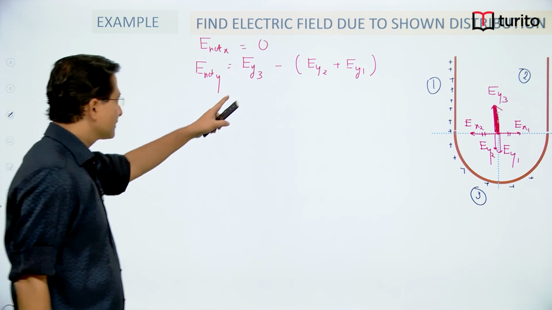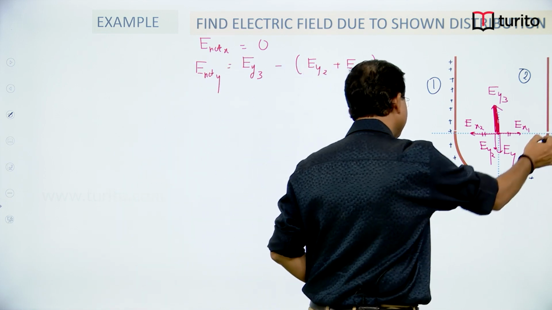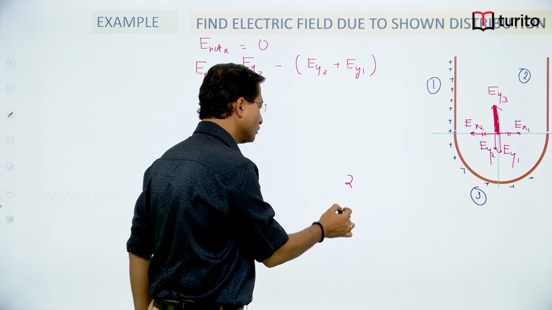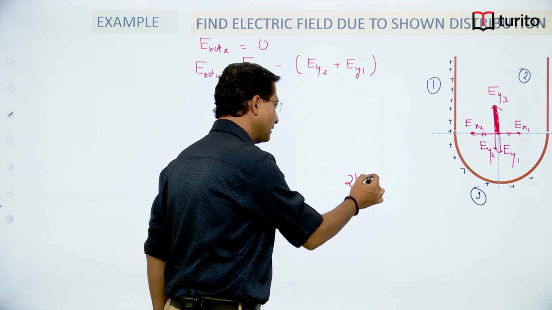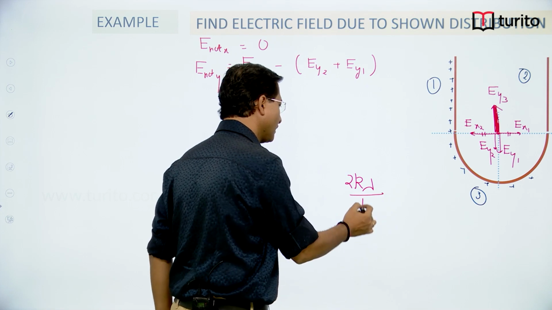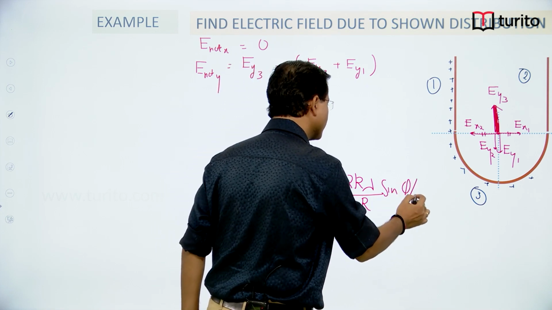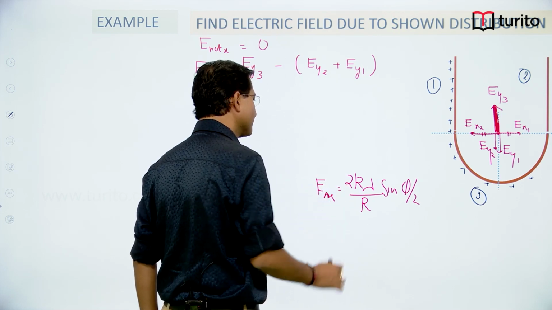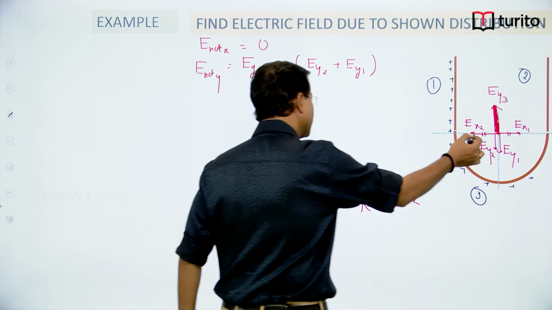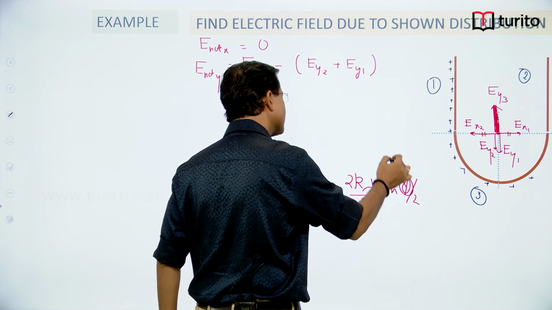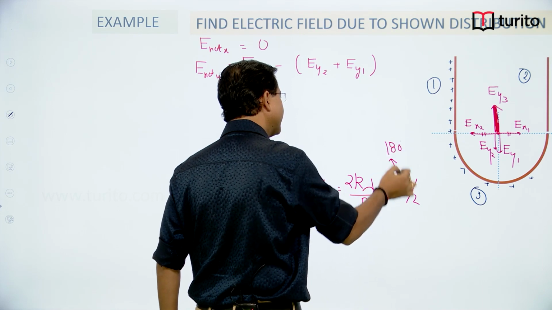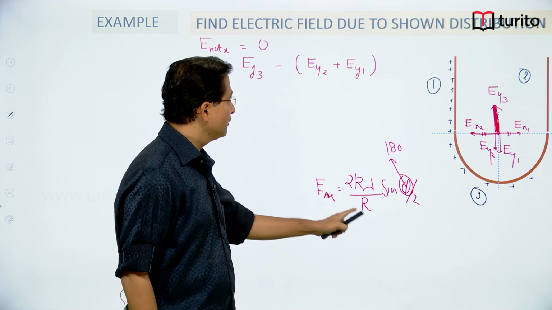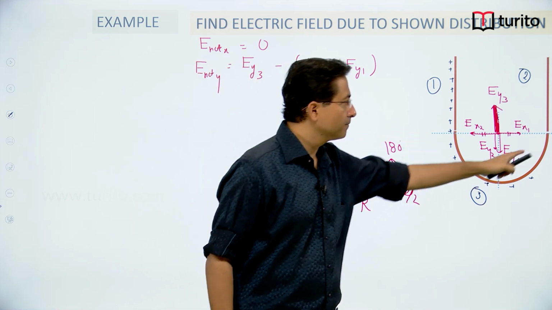So net field in y direction due to the third segment, formula 2k lambda divided by r sin phi by 2, right, that was the field due to the arc. Now here phi is what, angle subtended is 180 degree, so this phi is 180 degree. So 180 degree by 2 will make it 90 degree, sin 90 is equal to 1. So this much is the field produced by the third segment.